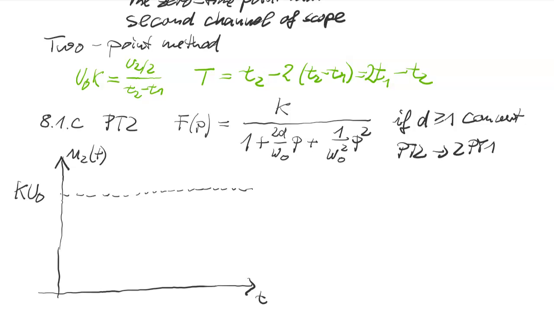So if we can find the final value, with the input amplitude U sub O, we have a good indication for our K factor, or the DC gain. Then the curve has a horizontal tangent at the zero switching time. So same problem like IT1, you need the time point of the input step function to identify the zero point here. Then there's an increase.